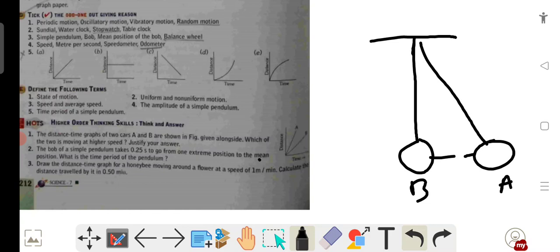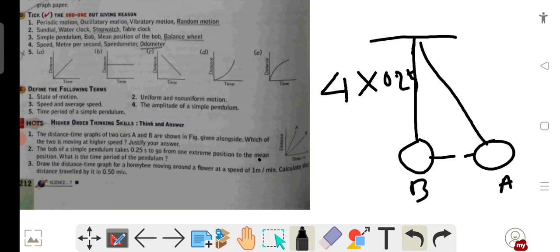So the time taken by one oscillation is equal to 4 into 0.25 second, because one oscillation is equal to 4 times the 1/4 oscillation, the movement from one extreme position to the mean position.